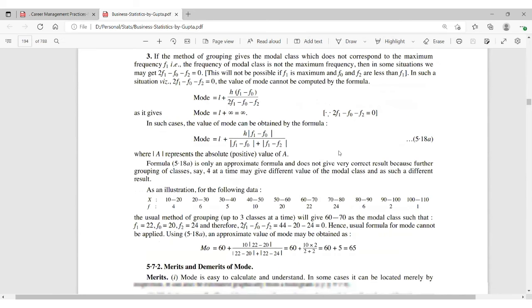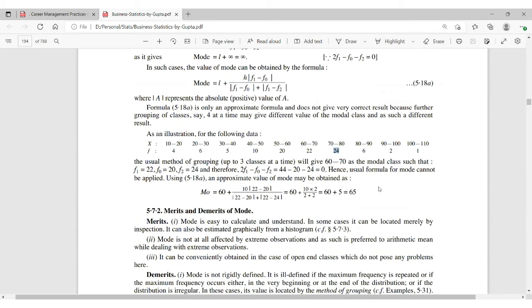In this, by grouping method, you can find that 24 is the model class. Class comes to be 70 to 80. In this, L is 70. Sorry. In this, the model class comes to be, by grouping method, this one, 22 only.